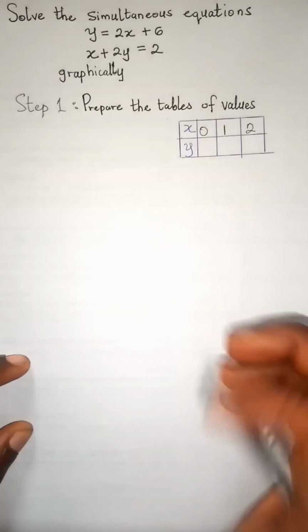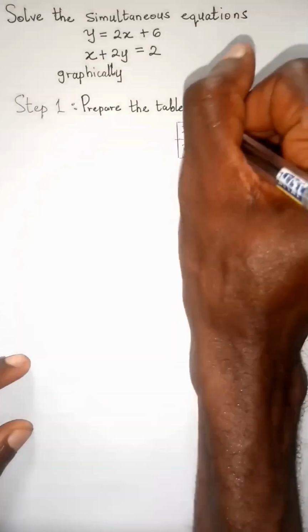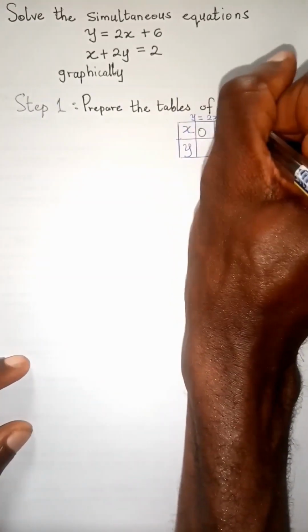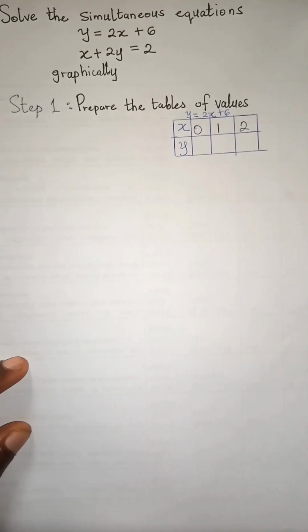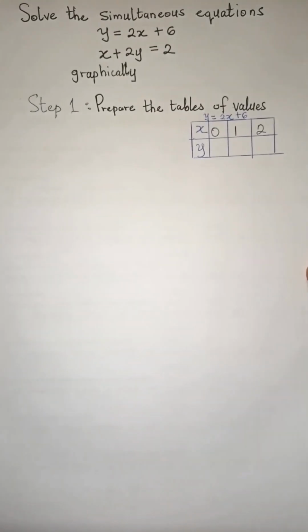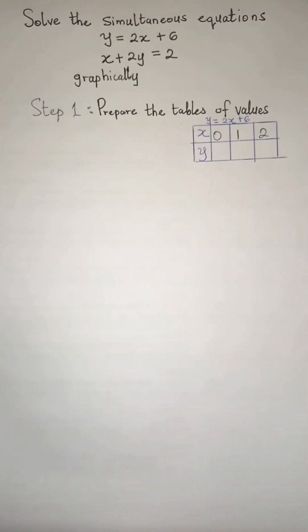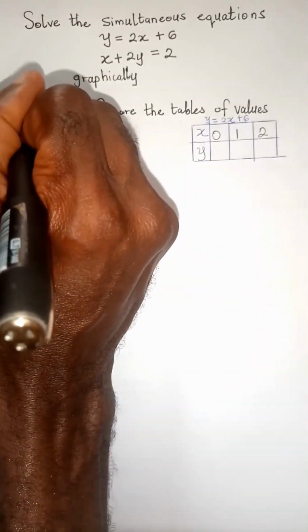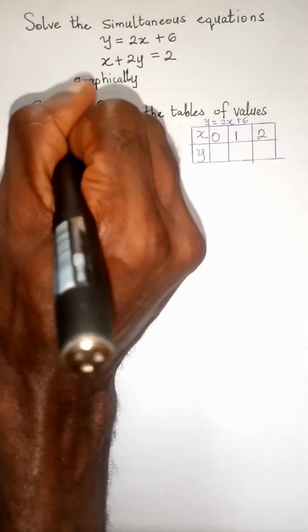Don't forget the equation is y equals 2x plus 6, so we write it on top of the table. And all we do now is substitute these chosen values into the given equation. So the equation is y equals 2x plus 6.